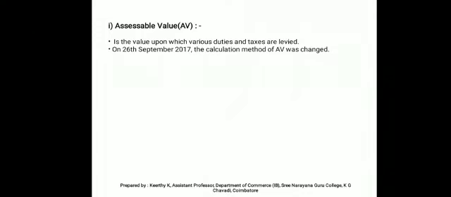Assessable value is the value upon which various duties and taxes are levied. The calculation method of assessable value was changed on 26th September 2017, and mainly it is calculated for the calculation of customs duty.